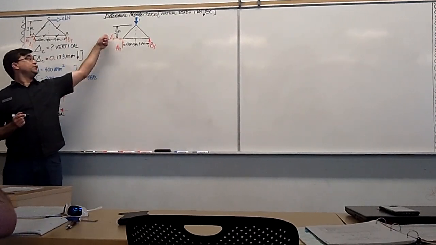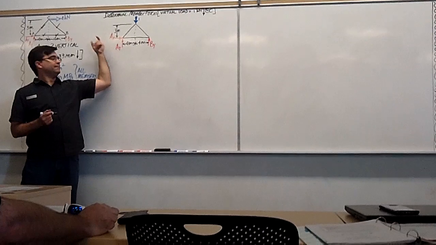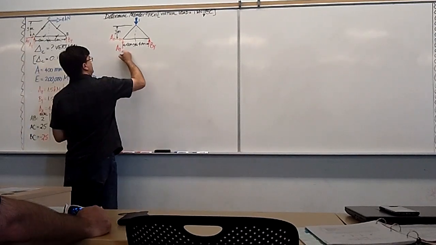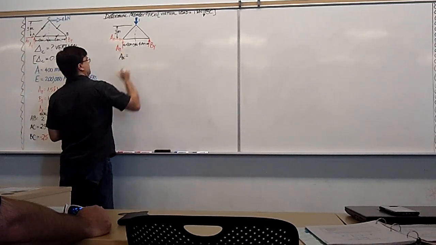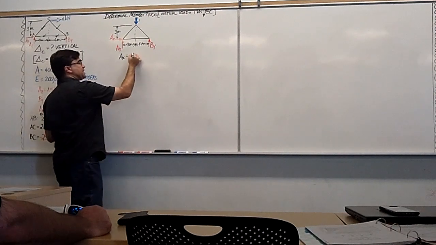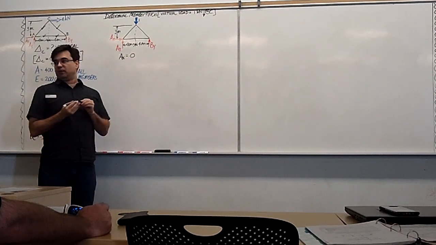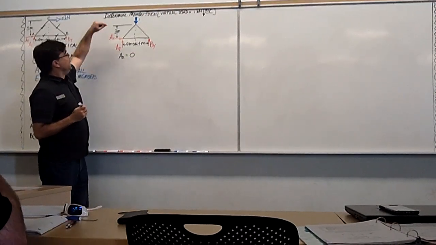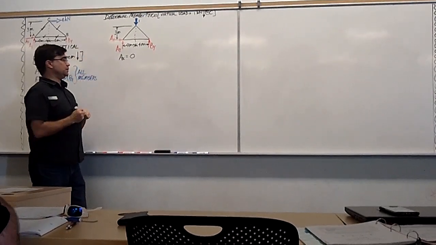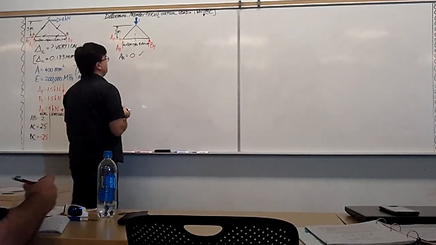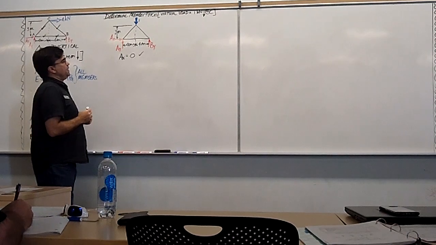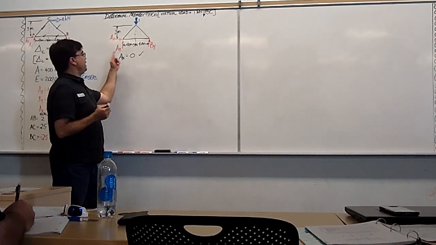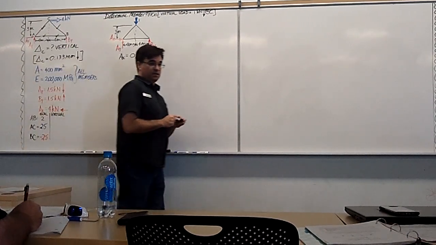So we need to figure out what the reactions are going to be. Help me out. What is AX? 0. It has to be. The only way to get equilibrium in this case is if AX is equal to 0. Agreed.